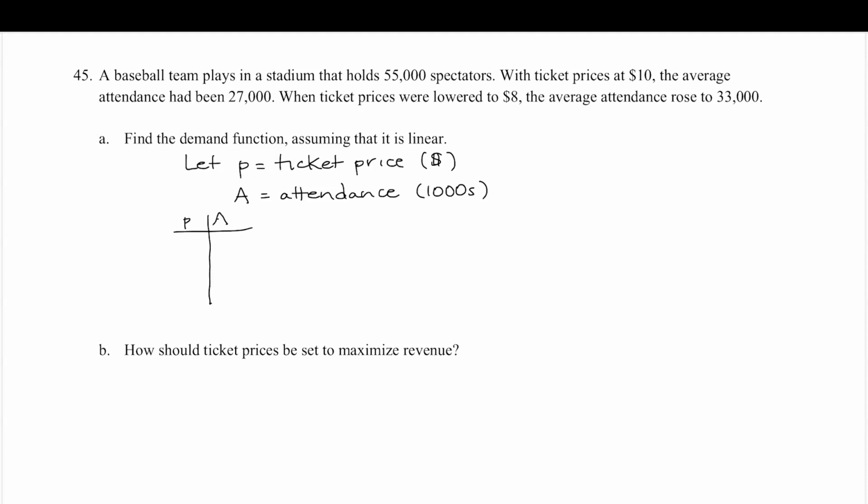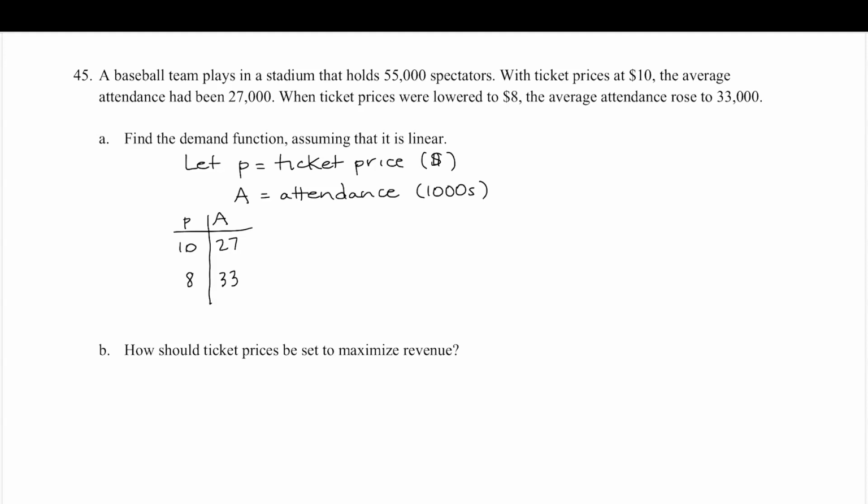So I'm going to set up a little table for myself that when the ticket price was $10, attendance was 27,000. And when they lowered the ticket price to $8, the attendance went up to 33,000. And so right away I can see my slope, that my attendance went up by 6 when the price went down by 2.